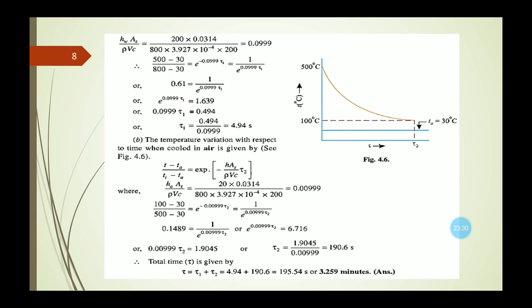Now for the air medium, again we need to implement the formula of the lumped parameter analysis. That is T minus Ta divided by Ti minus Ta equals e to the power minus hA by rho V c multiplied by tau 2.